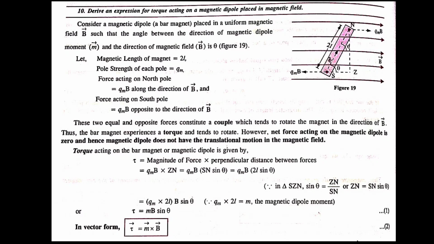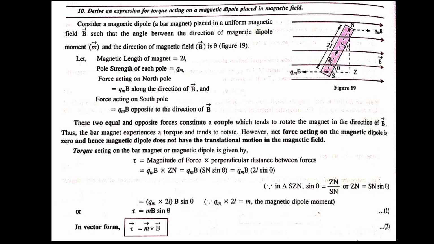As the magnitude of force is the same for both poles, this is equal to qm into B. The perpendicular distance is found by doing some construction, and using the trigonometric function sin theta we get the expression qmB multiplied by 2l sin theta. We know that qm into 2l is equal to small m, the magnetic dipole moment. So the final expression for the torque is mB sin theta.